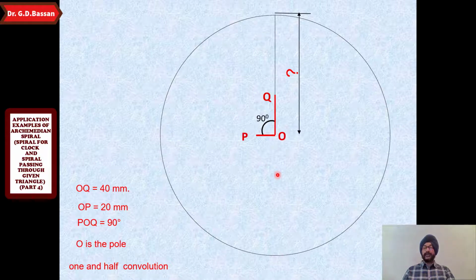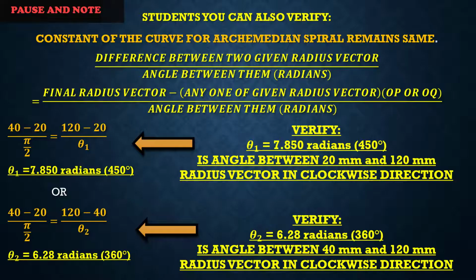So from this you can easily identify which line should be considered as the final radius vector. It always depends upon the number of convolutions and from where the pole point starts. By remembering these 2 points, you can easily get the position of the final radius vector.